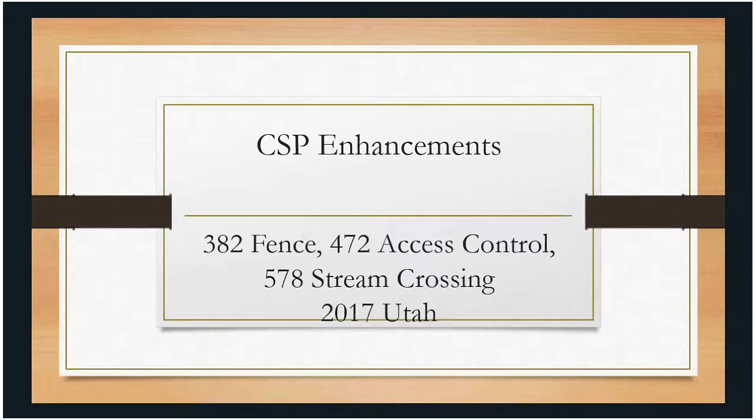Okay, in this little set, we've got 3 practices we'll cover. Fence, access control, and for old timers like me, it's the practice we used to call use exclusion, and a weird little practice called stream crossing.